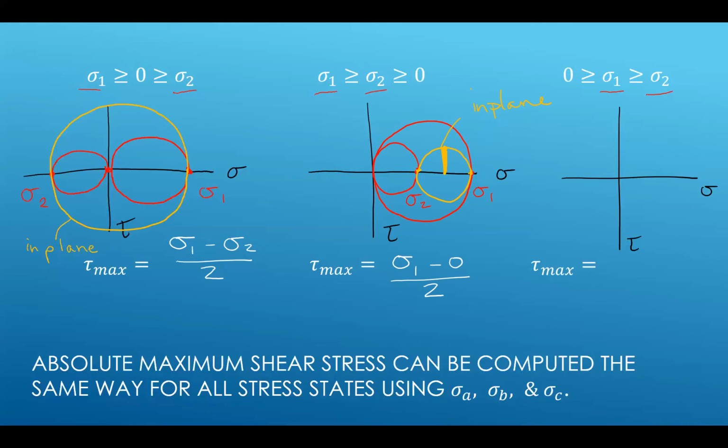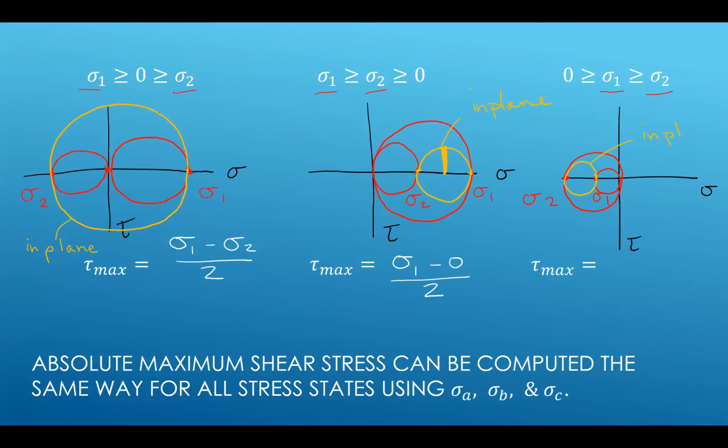And in this third scenario, sigma 1 and sigma 2 are both negative. So when we connect each of them, whoops, that's not drawn well. When we connect each of them to 0, we get two circles that are on the left-hand side of the tau axis. And the in-plane is once again a smaller circle.